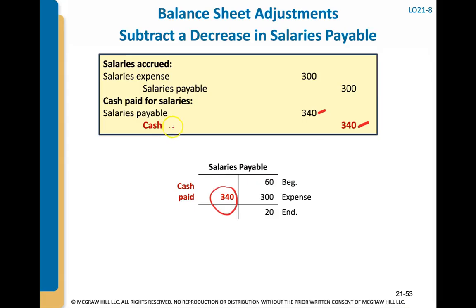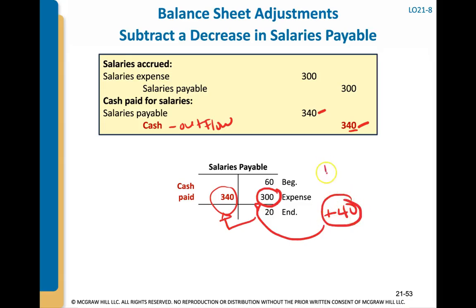Now we have a cash outflow of $340, but the actual salaries expense that's recorded in our income statement is only $300, which means we need to increase our cash outflow by $40, right? We need to increase this $300 expense to make it equal to 340.